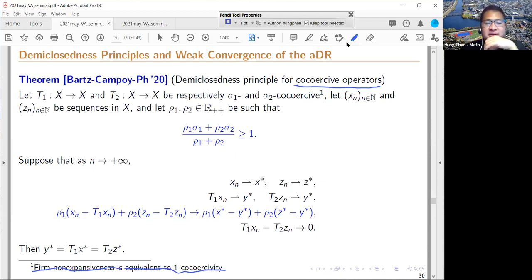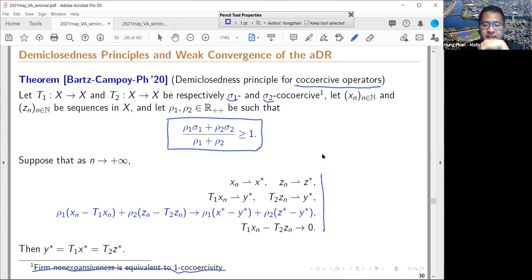However, it turns out, a little bit interestingly, that we need to tweak quite a few things to make it work. And one of the things we need is to impose a balance condition. If we have sigma 1 and sigma 2 cocoercive, and suppose we can find parameters rho 1 and rho 2 that satisfy this condition, so that all of these conditions are satisfied.